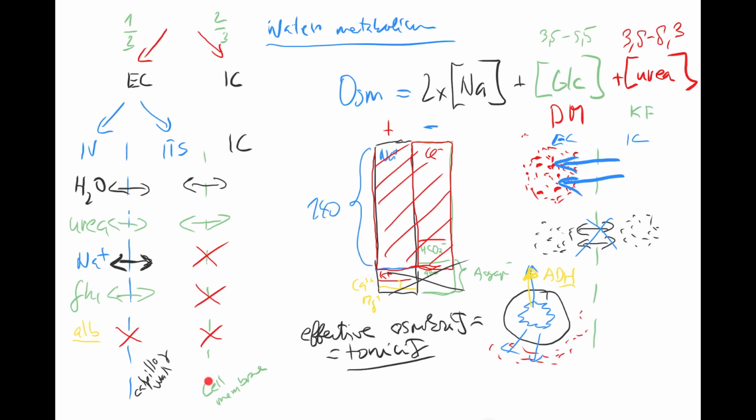Now you understand the differences between total osmolarity and effective osmolarity. And now the big question. What happens when urea goes up with ADH secretion? There is no ADH secretion. But what happens when glycemia goes up?